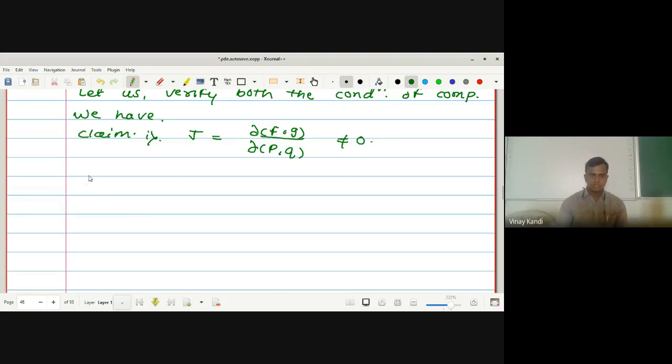Hence consider the Jacobian of f, g with respect to p, q. What is the value of this one? Let us solve the determinant.